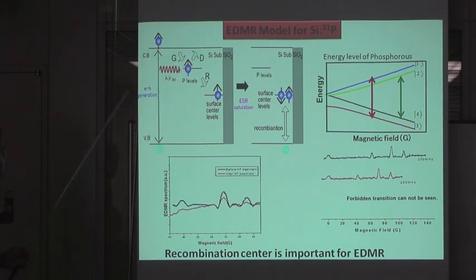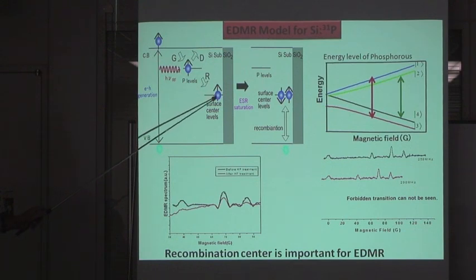level here. So what happens is that when you illuminate your sample, you create a hole and an electron. Now if this electron gets trapped here at this position, they form a pair with the donor electron here and the surface electron forms a pair. Now if this pair is in a singlet state, then it will recombine in a very short time scale, and then you will not see any change in the conductivity.